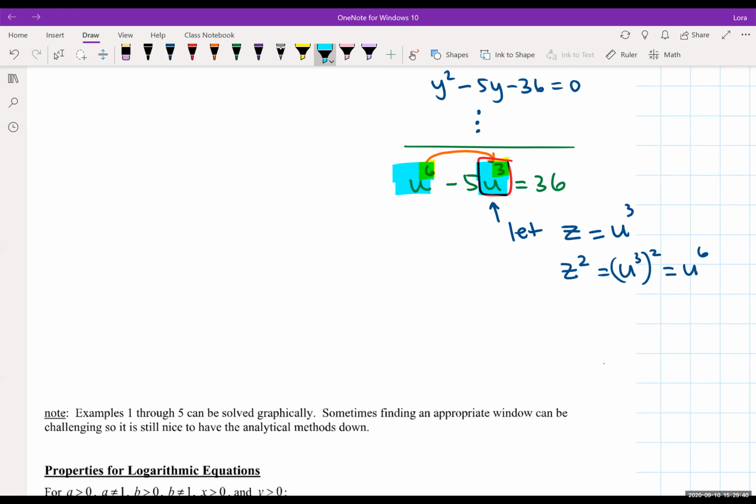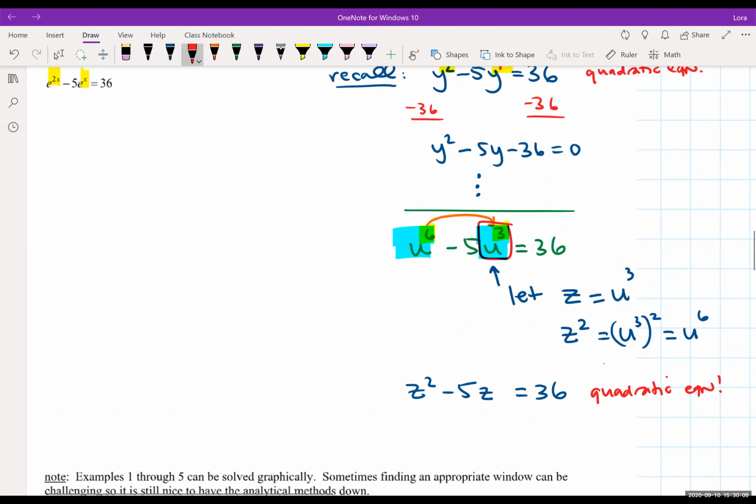So if that is the case, u to the 6th is rewritten as z squared minus 5z equals 36. And look what we have turned our equation into. We have turned it into something a little more exciting for us because we have a technique on how we solve these quadratic equations.